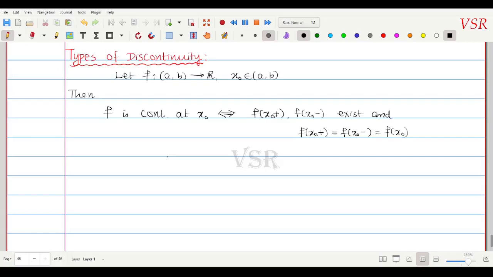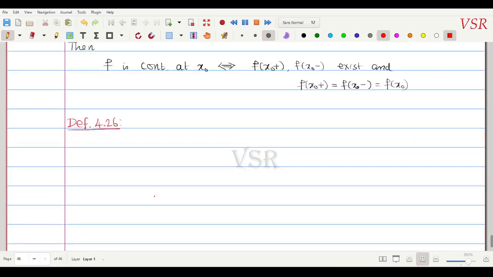So let us assume that f is not continuous. This is Definition 4.26. Assume that f is a function from the open interval a comma b to R and x naught belongs to the open interval a comma b.